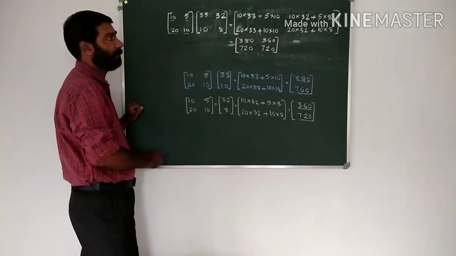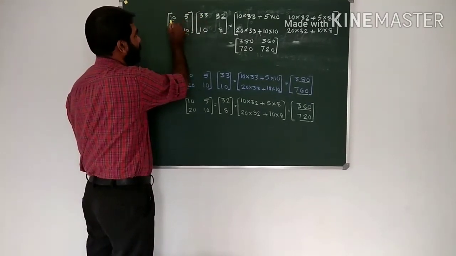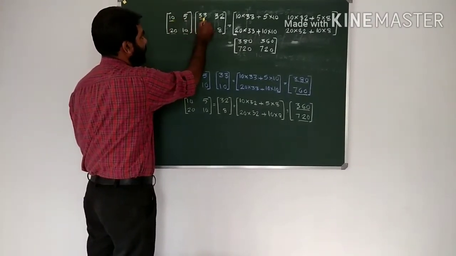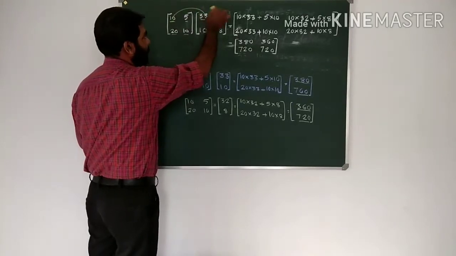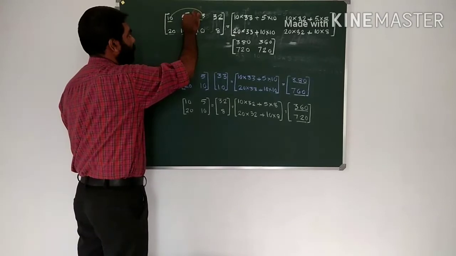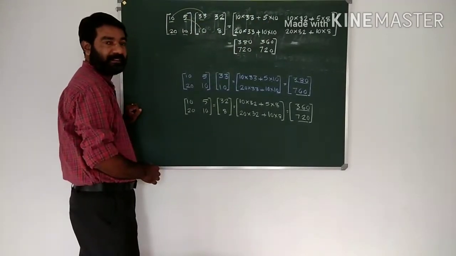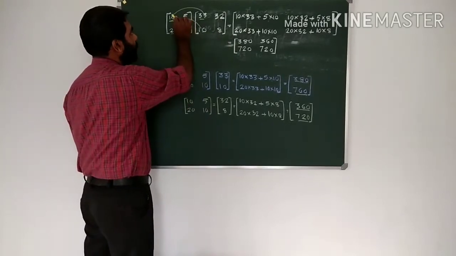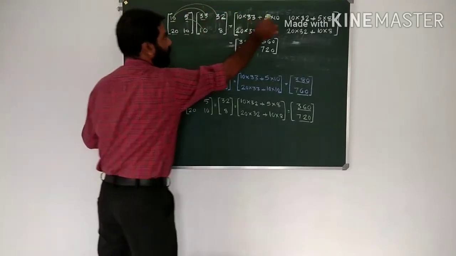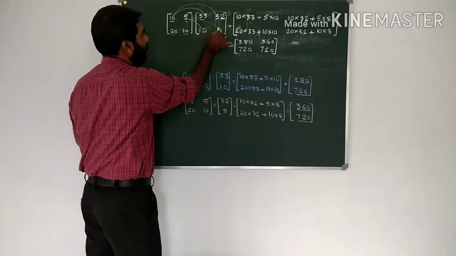See how we multiply. 10 times 33, because 10 notebooks at 33, plus 5 into 10. Then next, 10 into 32 plus 5 into 8.